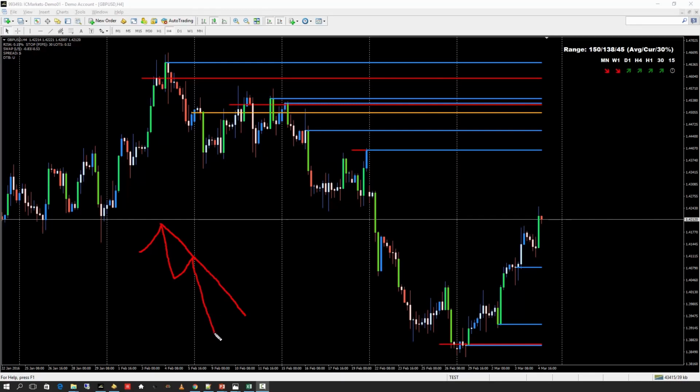So let's assume for a moment that price goes like this, touches the trend line, comes back, we have a deep retracement, and then it moves through. That qualifies this as the parent demand and this as the child demand.